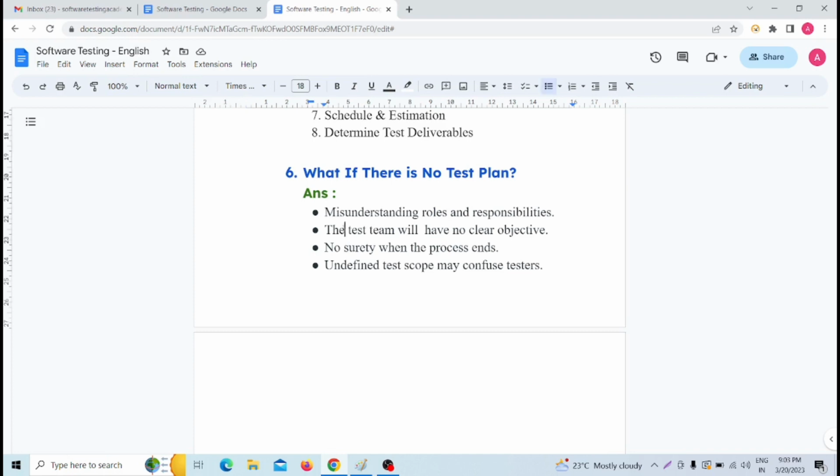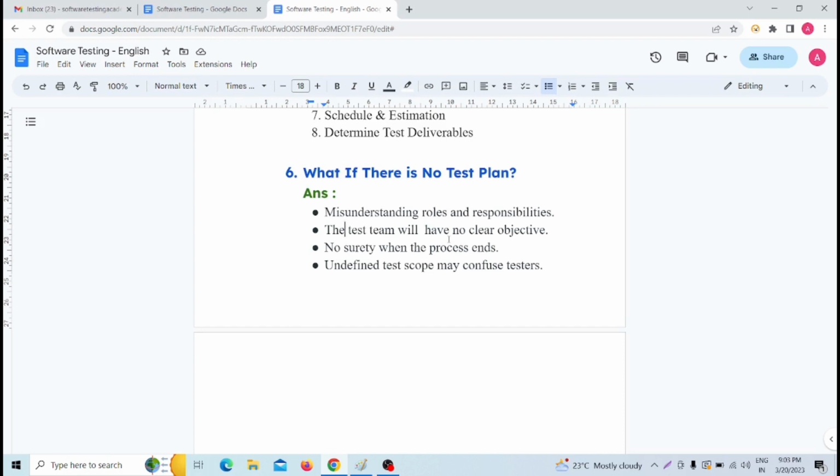The second point is that the test team will have no clear objective. If there is no test plan, the test team will have no clear objective on what they are going to do, so it will be confusing.